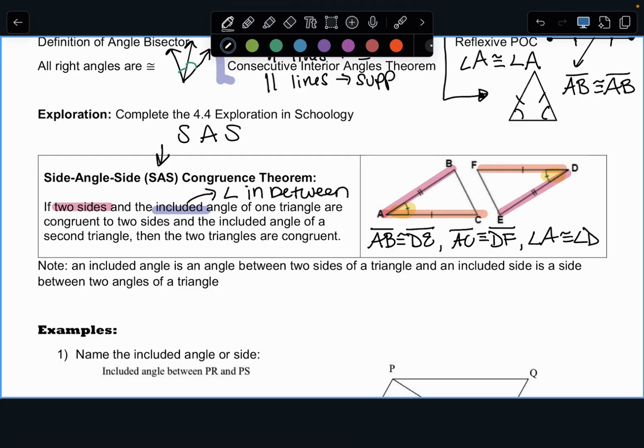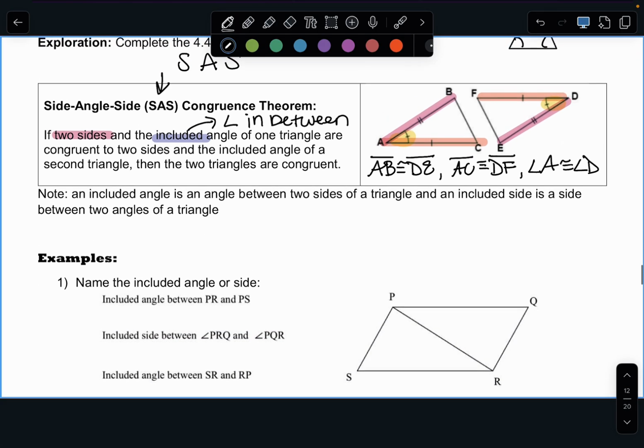So this A in the middle can help you remember that the angle has to be in between the sides, just like how it's shown with the SAS. This is different because we'll also have AAS. There's 6 different ones. So just be careful as to where that angle is located. This one's between those 2 angles.